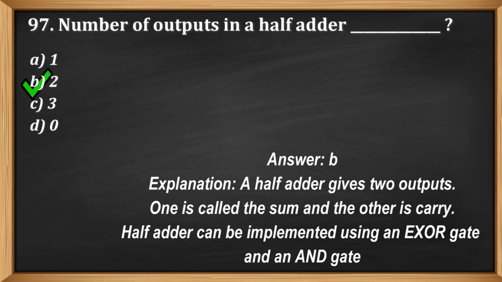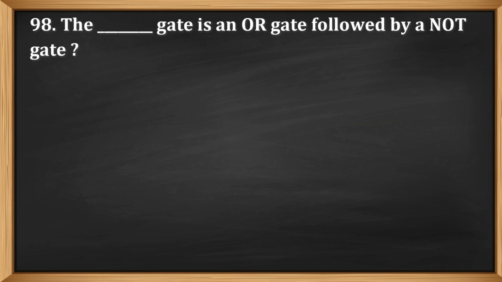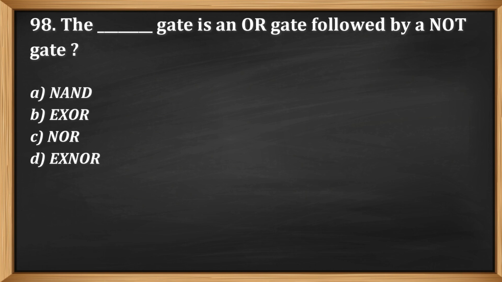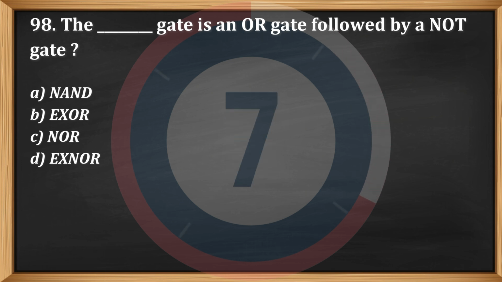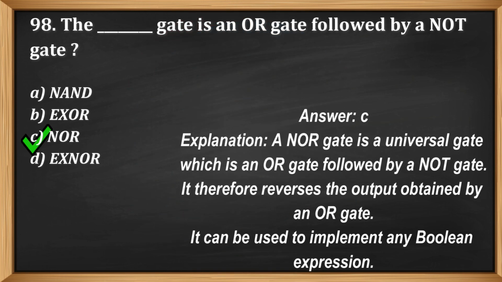Number of outputs in a half adder. Option B, 2. The dash gate is an OR gate followed by a NOT gate. Option C, NOR.